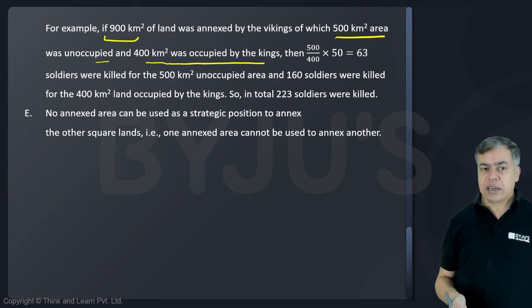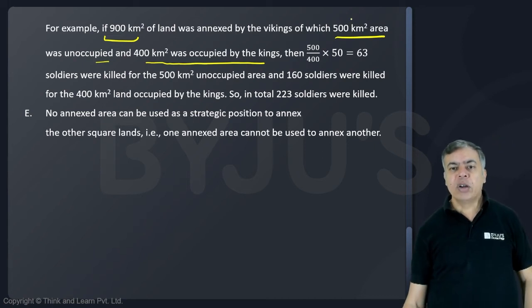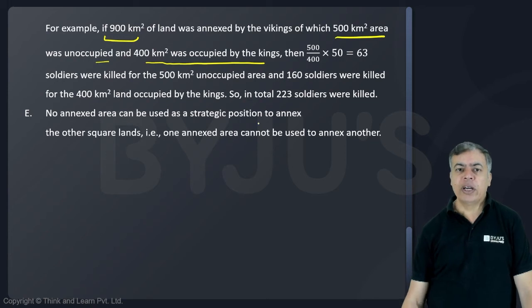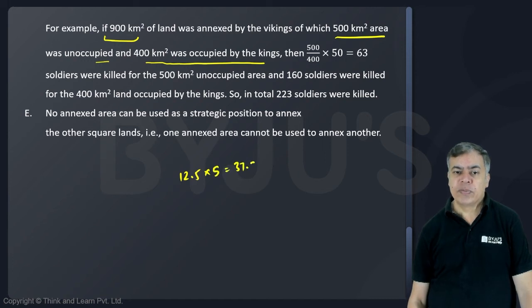But for that, 500 kilometer square was unoccupied, and for unoccupied it is 12.5 per 100, so into 5, that is 37.5, which means 38 soldiers will be killed.